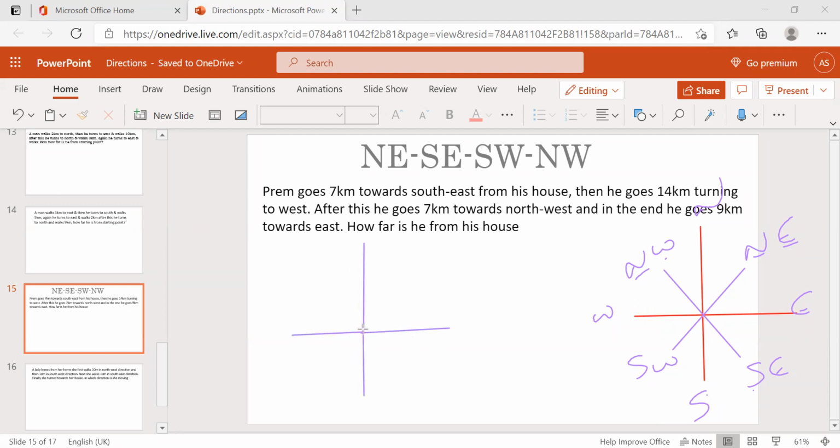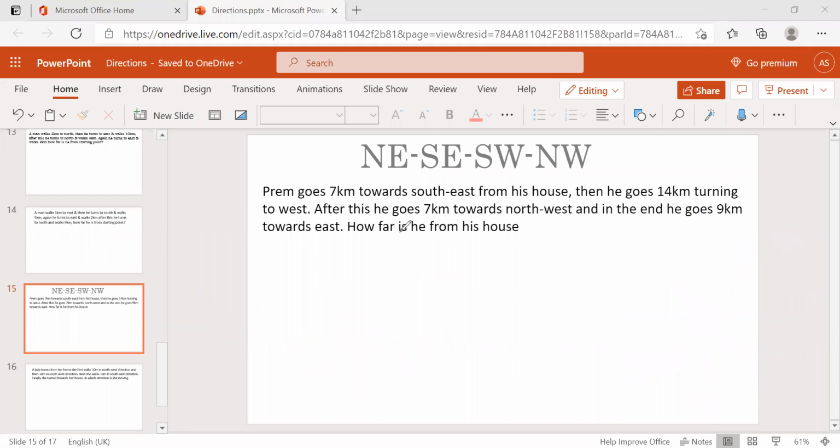This is the origin point. But now these questions will be based on northeast, southeast, southwest and northwest, so we cannot move straight. They will ask questions like northeast, southeast, south, north and southwest also. We'll see some problems on this, then we'll get an idea how to solve this type of question.